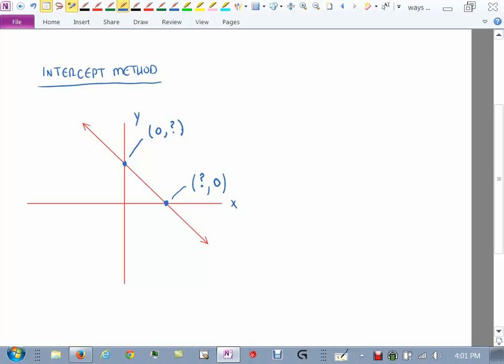So the method is actually this. You find the x-intercept first. That's what we'll do for the intercept method. Find the x-intercept. How do we find that? Set y to 0 and solve for x.